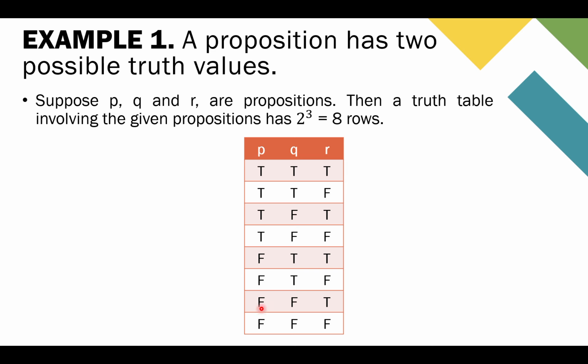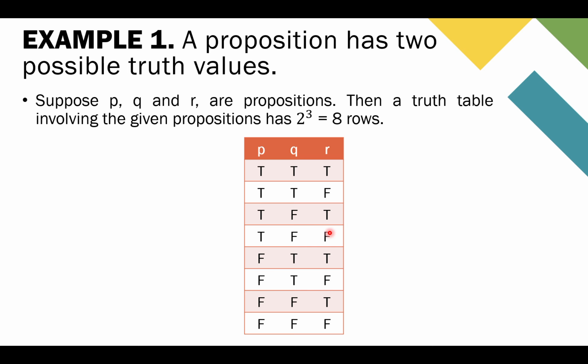Ito class, ito ay for illustration lang. So, let's say proposition 1 and proposition 2 true siya, then magiging true itong pangatlo. And then, pwede ring maging false ang statement ni P and Q. And then, if we have true and then false, pwede rin maging true ang statement.